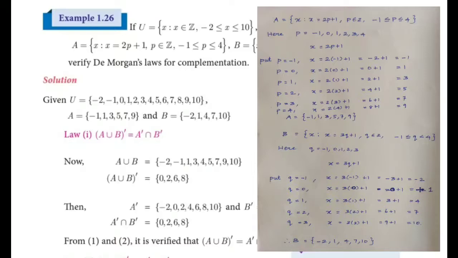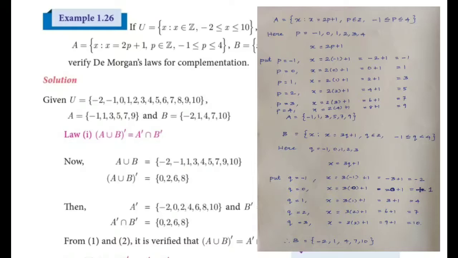Put p = 1, then x = 2 × 1 + 1 = 2 + 1, we get 3. Put p = 2, x = 2 × 2 + 1 = 4 + 1, we get 5.